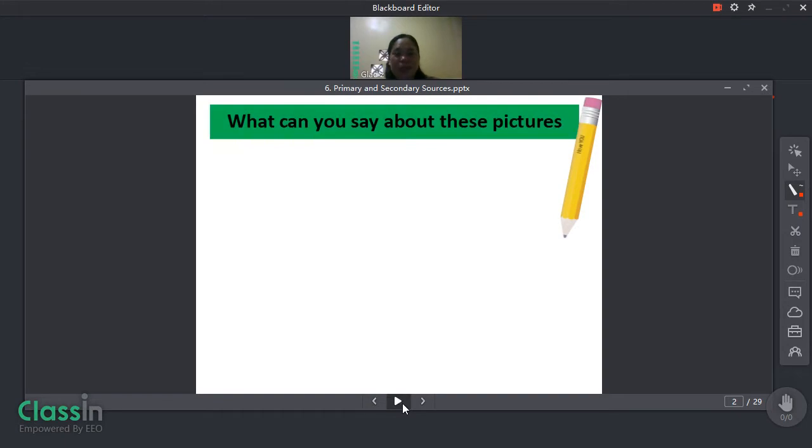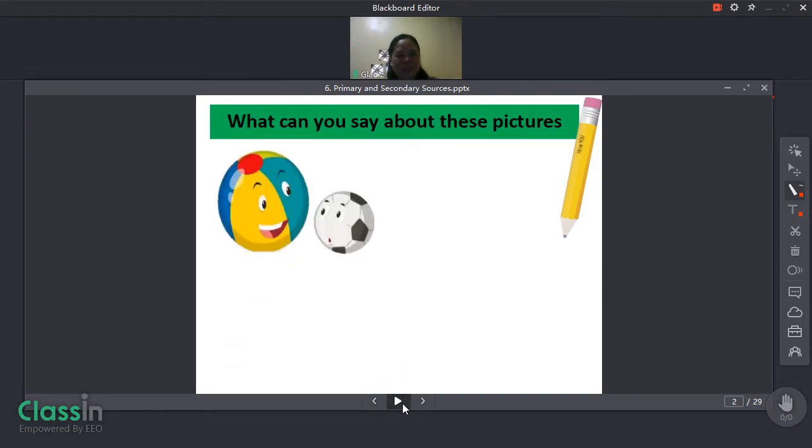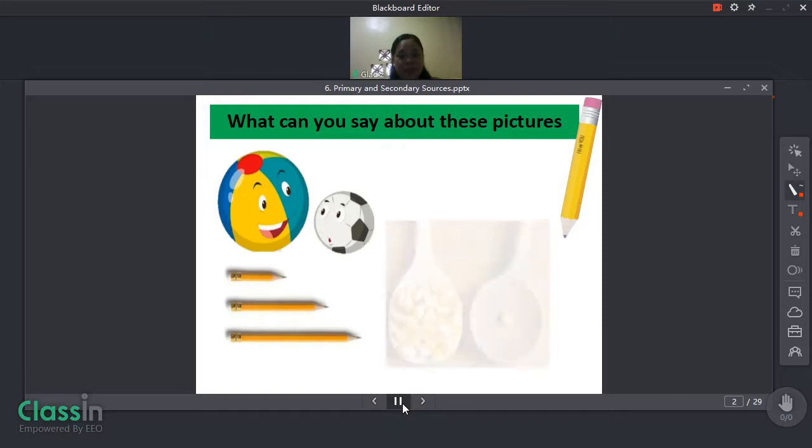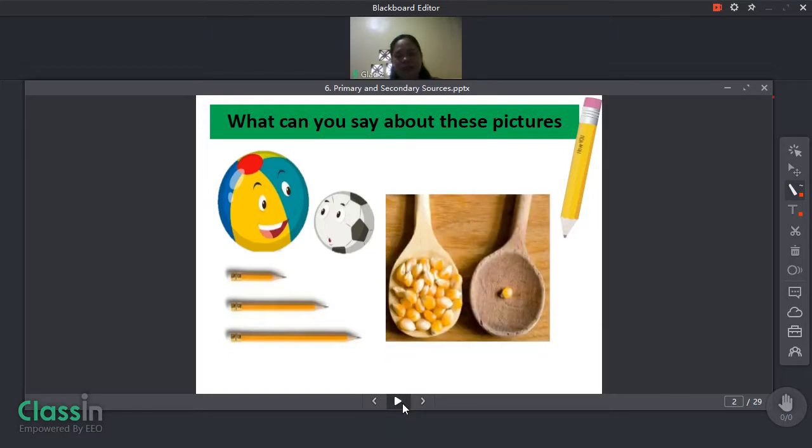What can you say about these pictures? Okay, so they are both balls. They are all pencils and they are corn kernels. Okay, so what have you observed? Yes, the balls differ in sizes and colors. Okay, the first ball is bigger than the second ball.